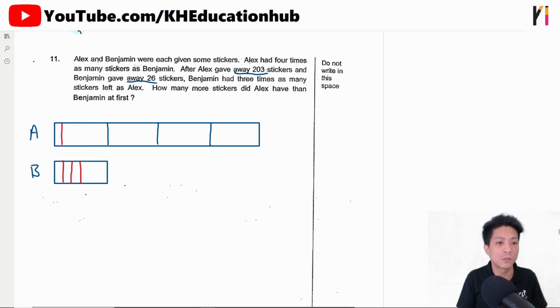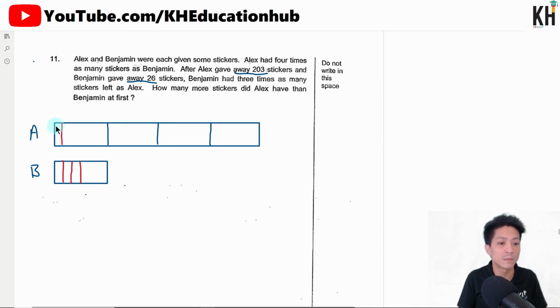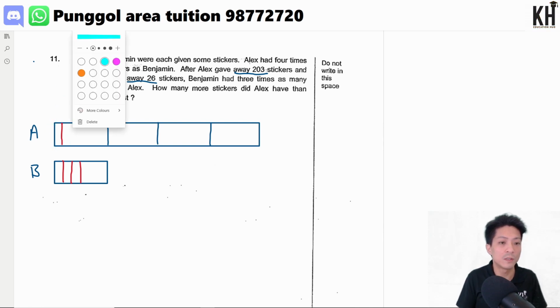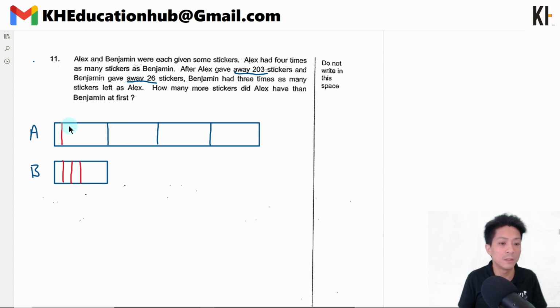Let me highlight it, using a different color, pink maybe.